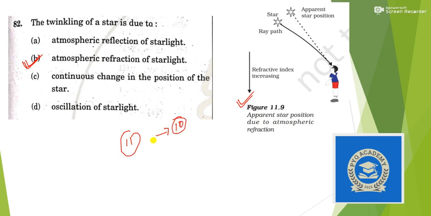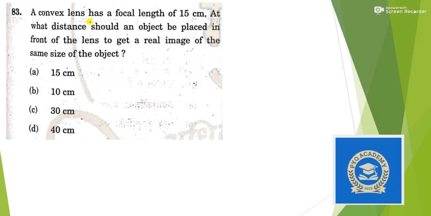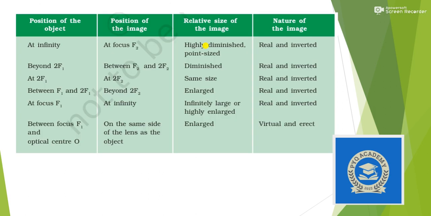Okay, next, a convex lens has a focal length of 15 cm. At what distance should an object be placed in front of the lens to get a real image of the same size as the object? For that we need to know the position of the image with respect to the table given in NCERT.